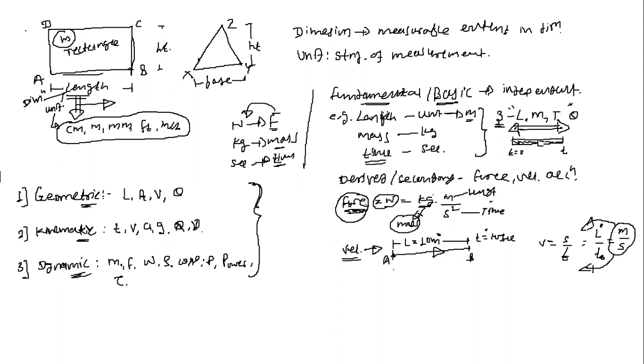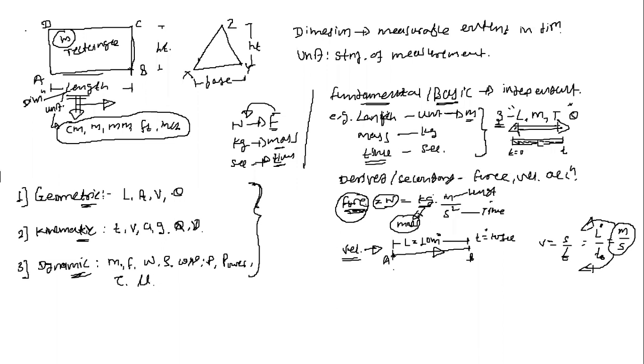The geometric group is length, width, height, area, volume, angle, etc. The kinematic group includes the time, velocity, acceleration, discharge, kinematic viscosity. Whereas the dynamic group includes the mass, force, weight, specific weight, density, then pressure, power, shear stress, and another one I missed here, that is dynamic viscosity mu.